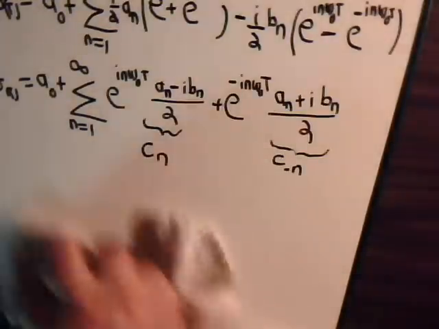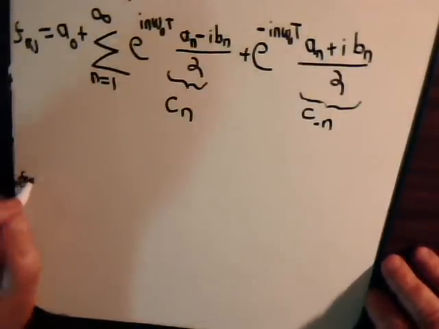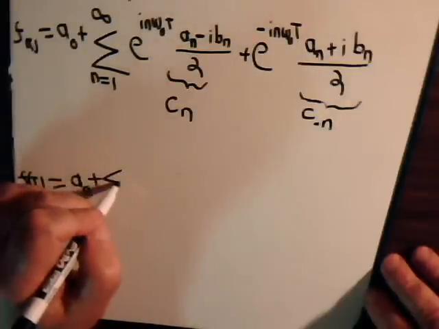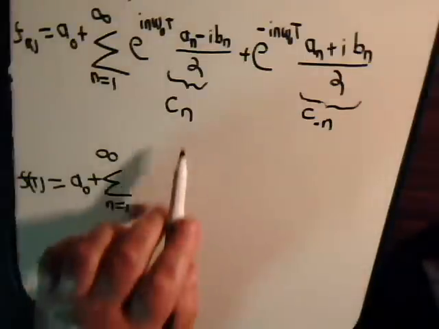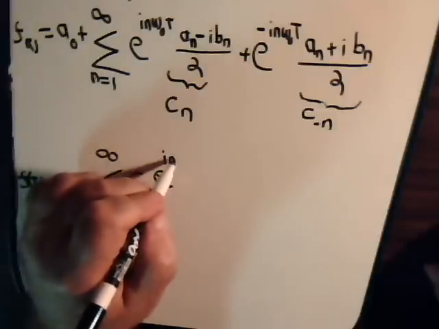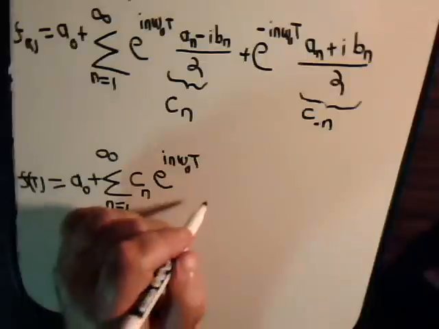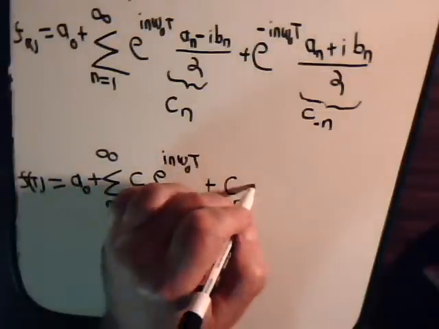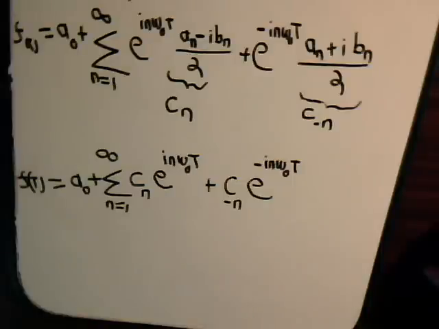Actually, let's make some more room. f of t equals a0 plus the sum n equal 1 to infinity, and then we have c sub n e to the i n omega t, and then we also have plus c minus n times e to the minus i n omega t.